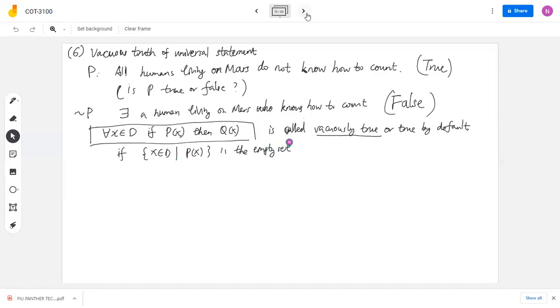In the example we demonstrated before, P(x) is living on Mars and x is human being. So we know that there are no humans living on Mars, and therefore this set is the empty set. And we use the convention that for such an implication, it's always true.